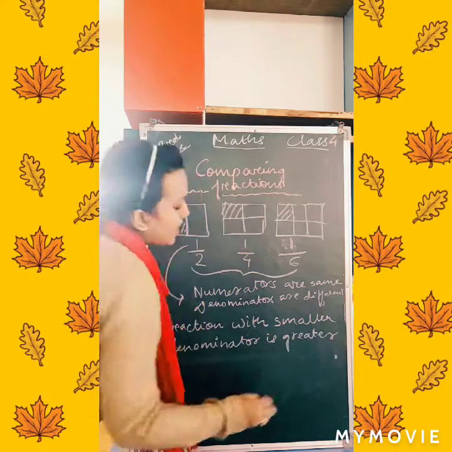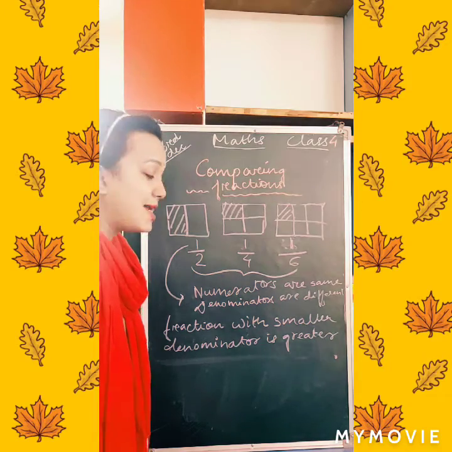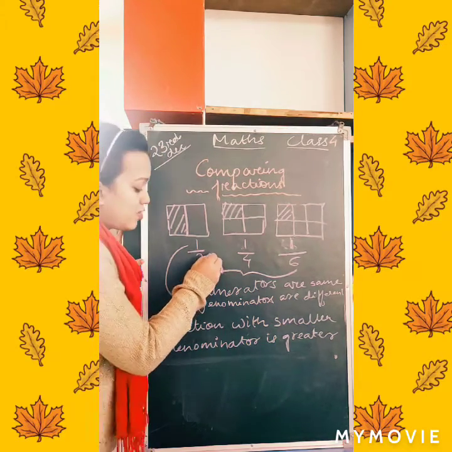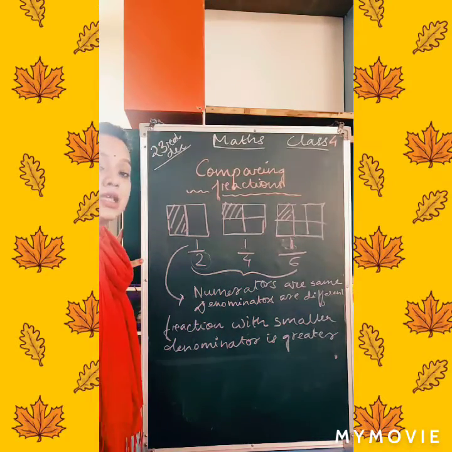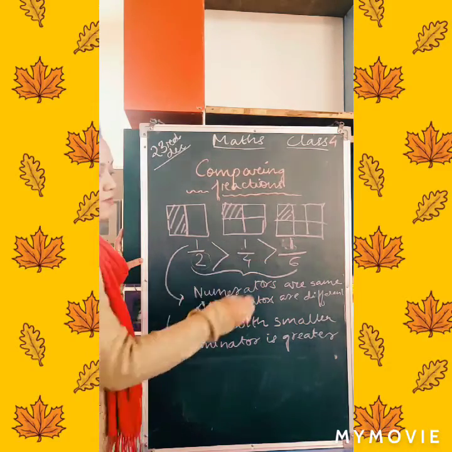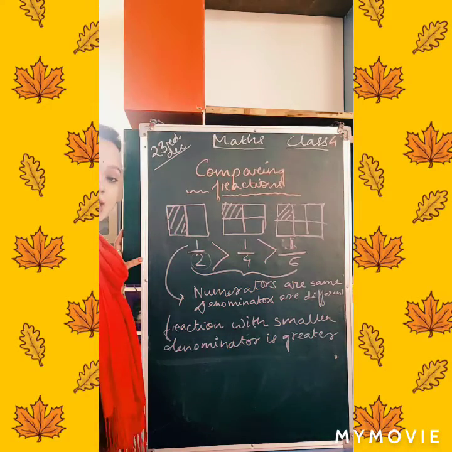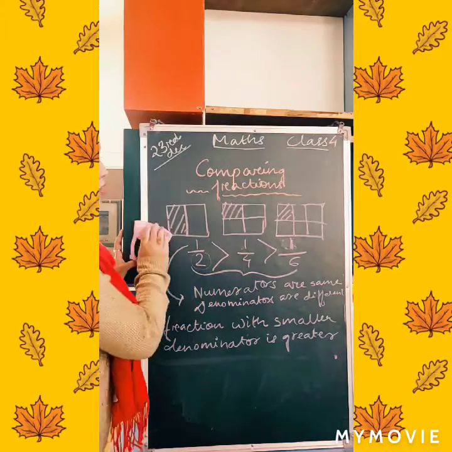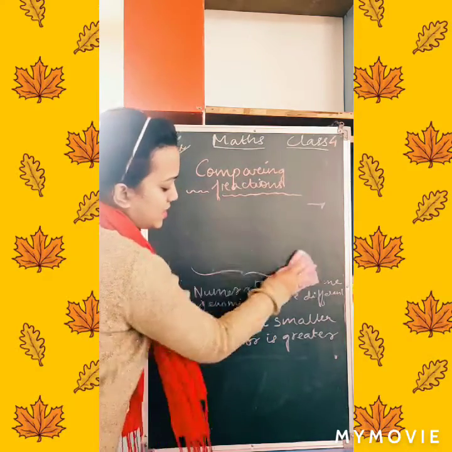Okay. This we got to know in case of unlike fractions. So here you see 2 is the smallest denominator, so 1 by 2 is greater than 1 by 4, 1 by 4 is greater than 1 by 6. In this way you are going to compare fractions.